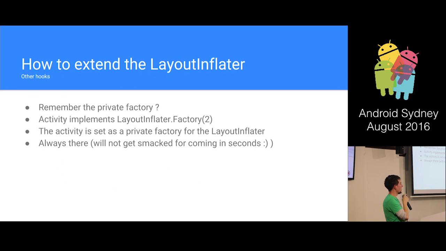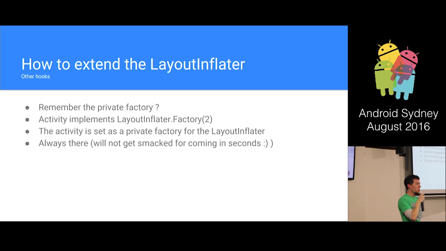It's important, though, that a LayoutInflater instance can only have one factory. And that kind of causes a problem because I don't know how many of you have been looking at AppCompat, or how AppCompat implements support for tinting or anything else that came in Lollipop or later versions. Basically, they install themselves as a view factory.